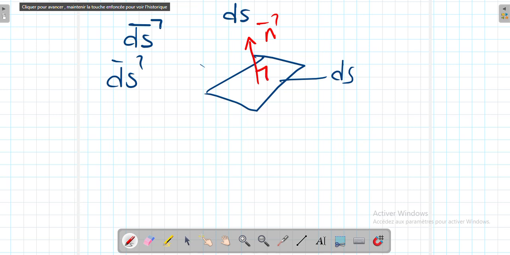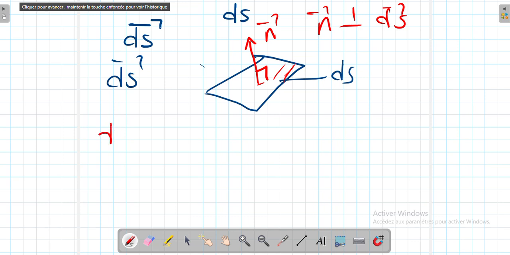This vector is perpendicular to the surface. We say the vector n is perpendicular to the surface ds, so the vector is normal to the surface.